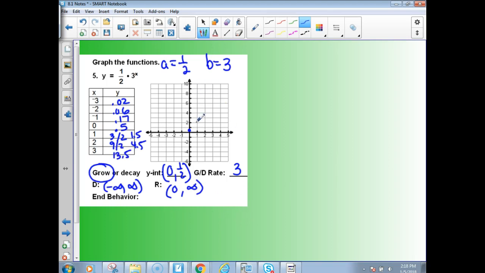Okay, so I need to just sketch or try to plot at least a couple of points. I prefer to get 3 accurate ones, but this one's not lending itself to anything very nice. 1, 1.5 is pretty good though. And then 2, 4.5, that's not bad. So we got 3 decent ones right there.